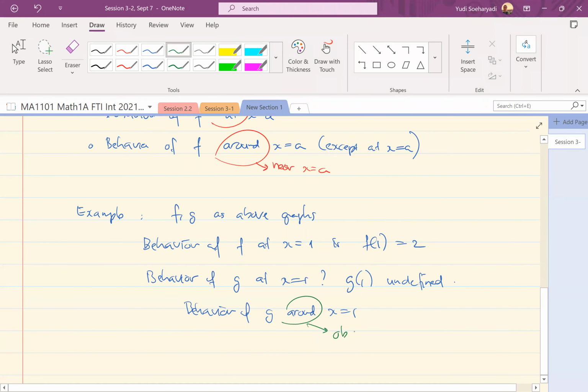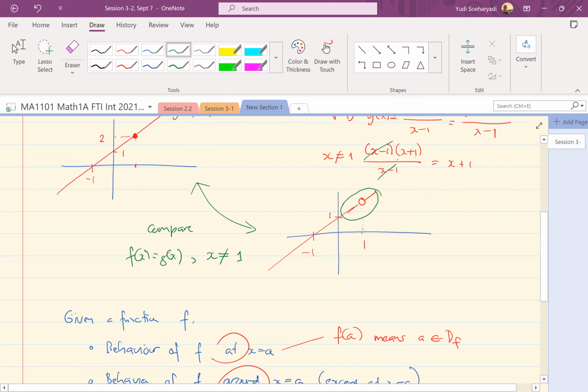Here we are observing values of g of x when x is near 1. Okay, so what can we say about this? Well, we say it's close to 2, because this is supposedly 2, but somehow we have a hole here because 1 is undefined.